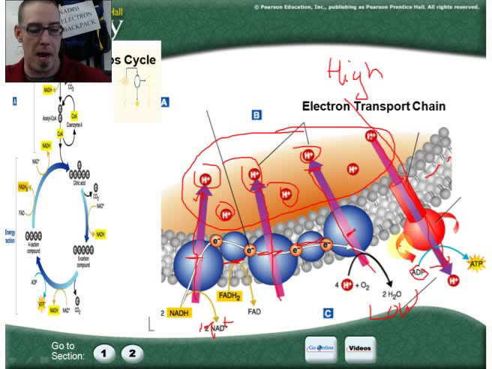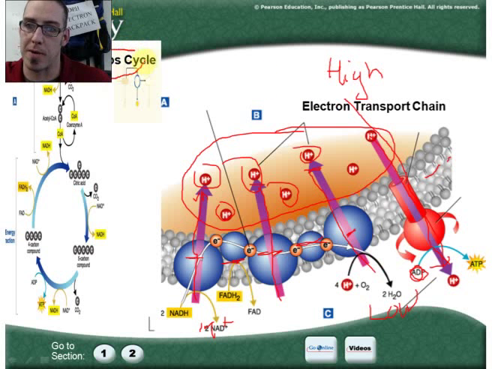So I call my battery charger ATP synthase, and that ATP synthase here will spin because of the positive going through the electronegative membrane, and spin the ATP synthase, taking ADP and hooking ATP up to it.